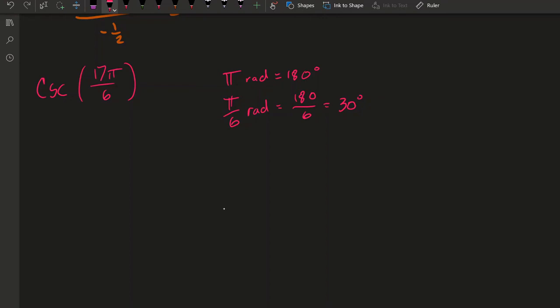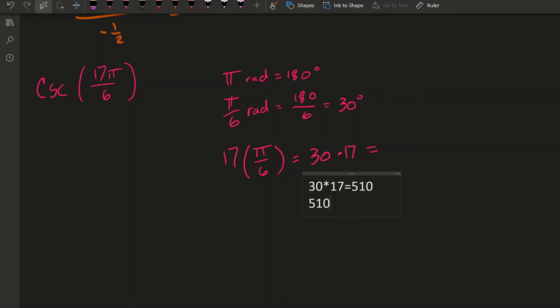So 17 pi over 6 would be 30 degrees times 17. And no judgment if you don't know your 17s. 510 degrees. Okay, so now just to put that into a smaller form, 510 minus 360 is 150 degrees.